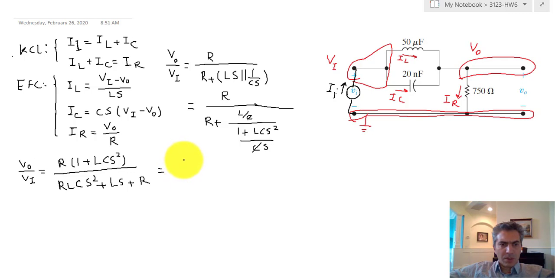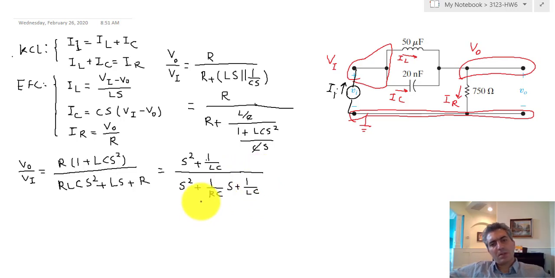It's going to give me S² plus 1 over LC in the numerator, and in the denominator I'm going to get S² plus 1 over RCS plus 1 over LC. So this equation is a lot more telling.